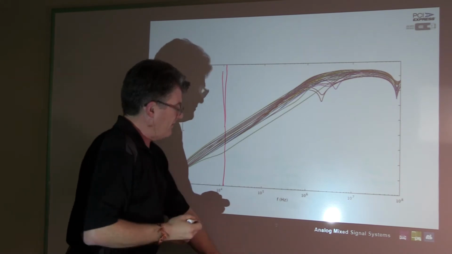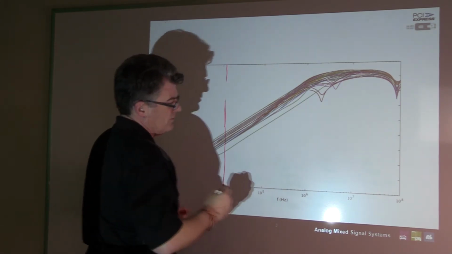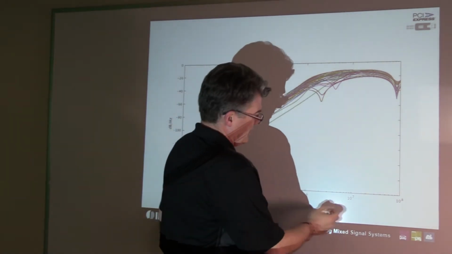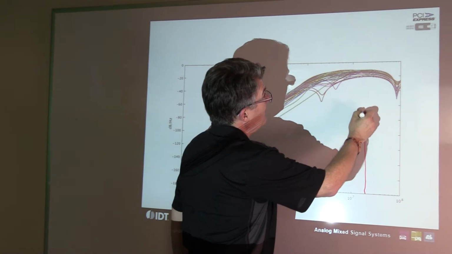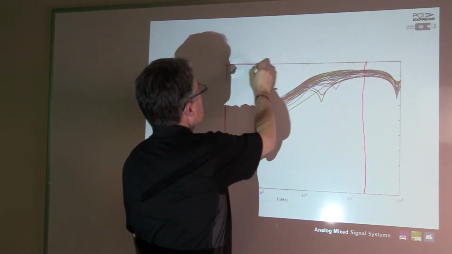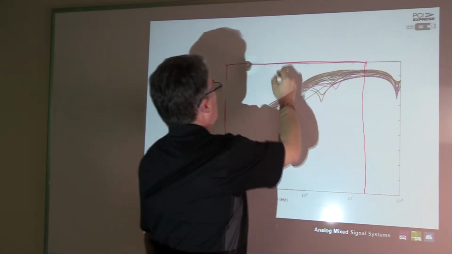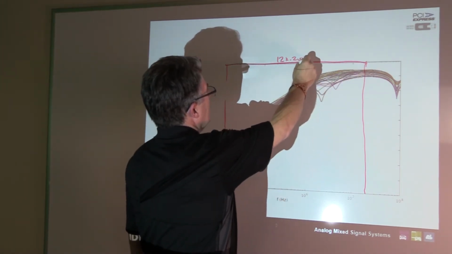But this is close enough. A 12 kilohertz brick wall looks like this, 12 kilohertz to 20 megahertz, and here's 10, here's 20. Looks like this. So let's call that 12k to 20 meg.